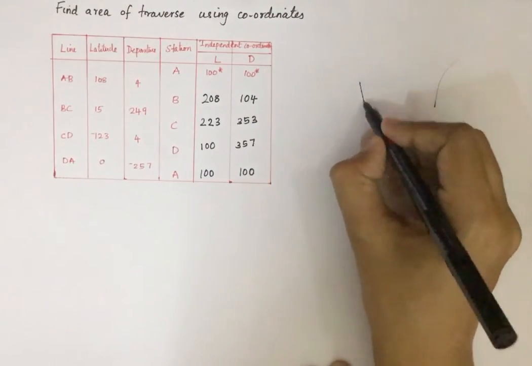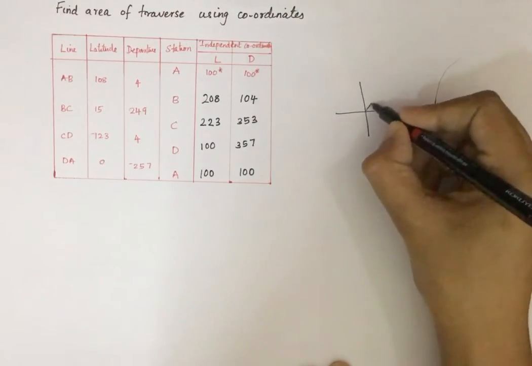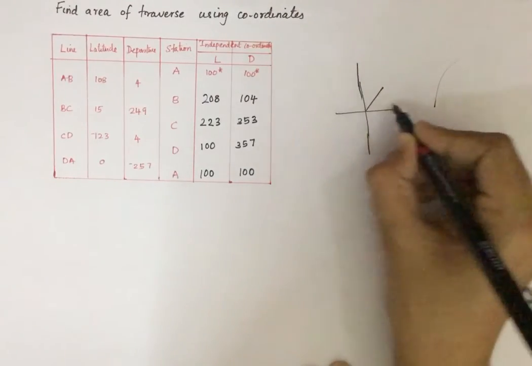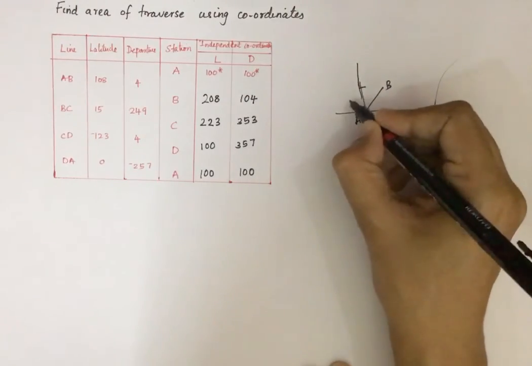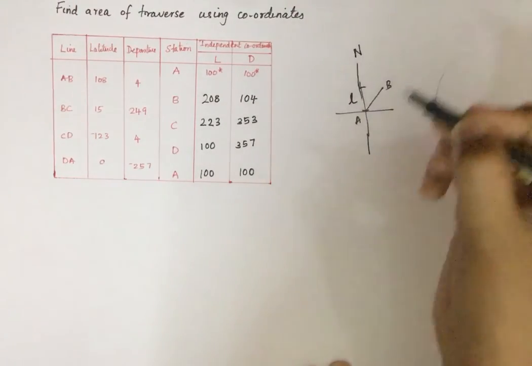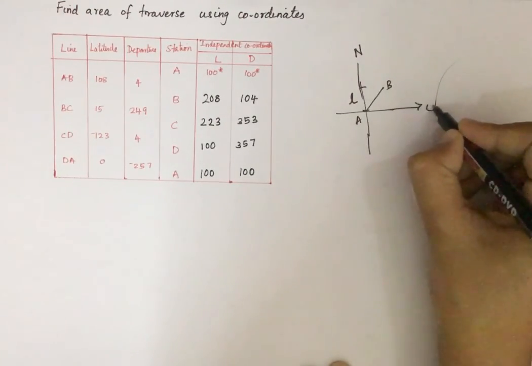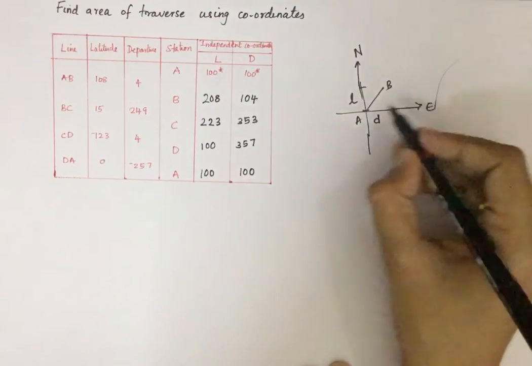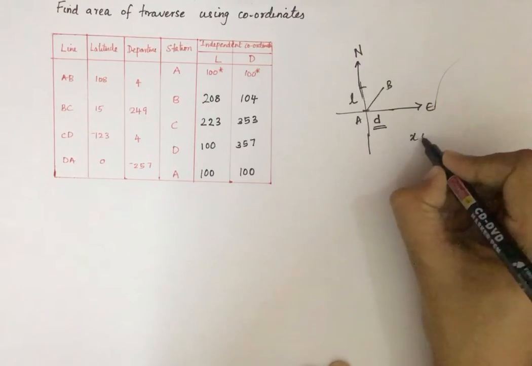When you look at the coordinate system and consider a line AB, latitude is towards northing, right? And departure is towards easting. So towards easting, departure will give you the x coordinates.